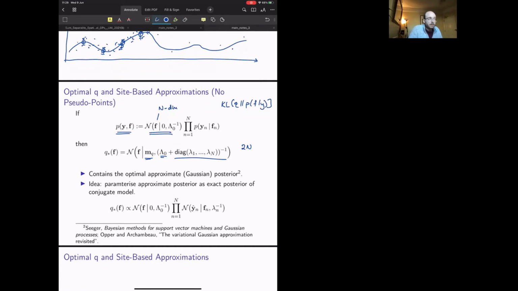So the thing that this motivates is restricting the family of Gaussians you consider as your posterior approximations to be ones of this form. It doesn't say how you find the member of the family that is optimal, but it does say it's in there.